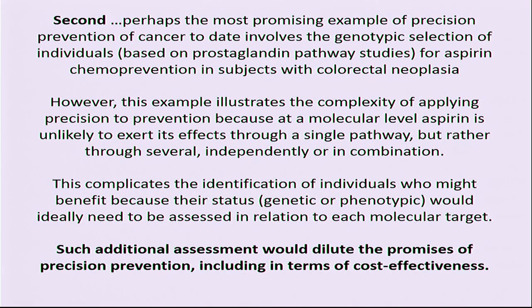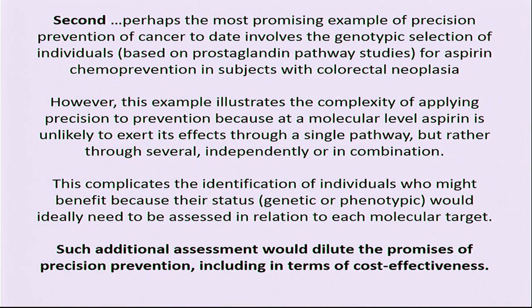One of the best examples of precision prevention nowadays is the selection of individuals with variants in the prostaglandin pathway that modify the response to aspirin chemoprevention to prevent colorectal neoplasia.